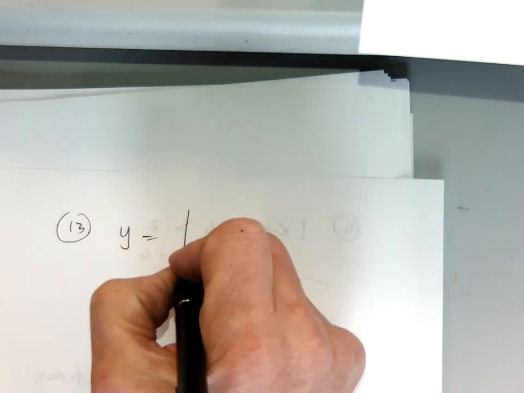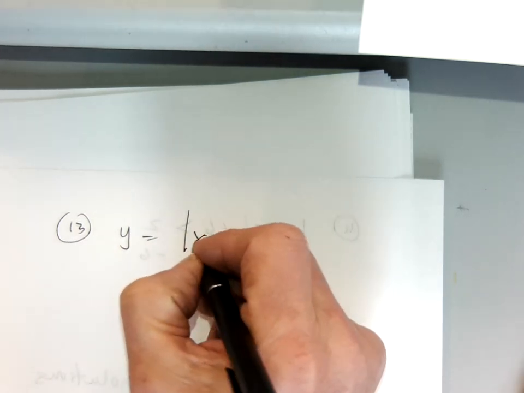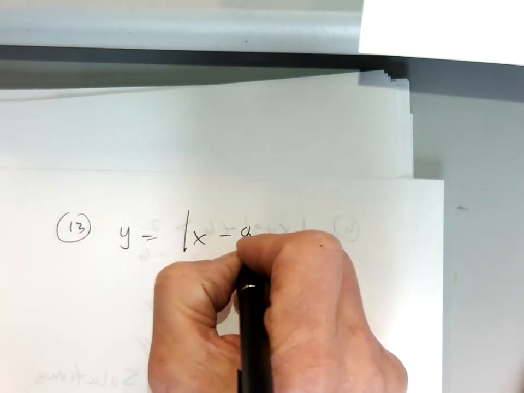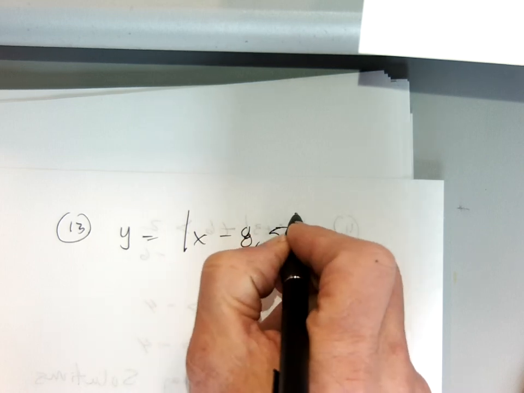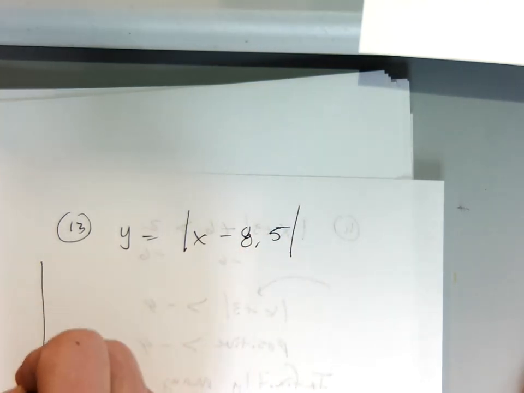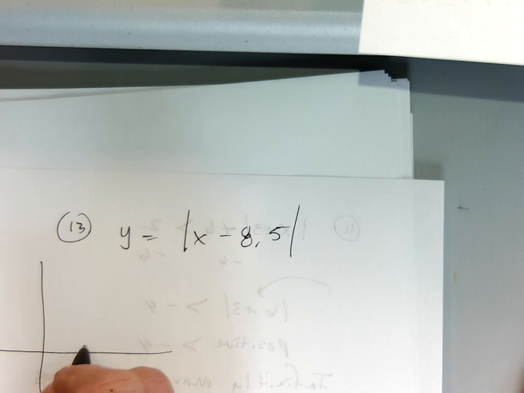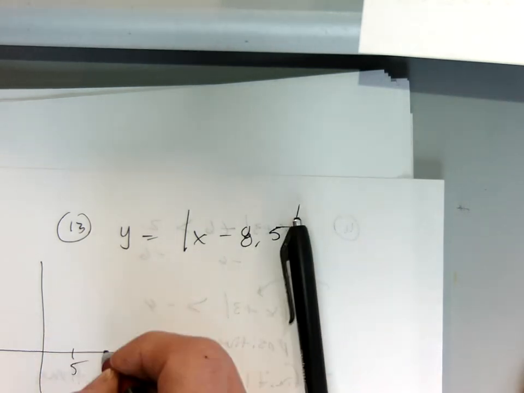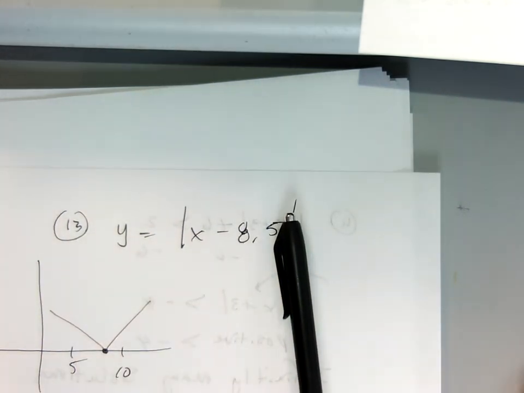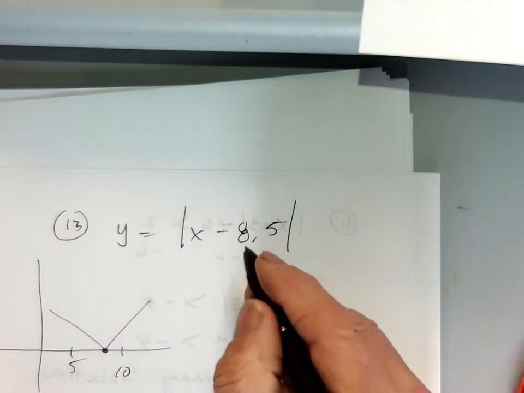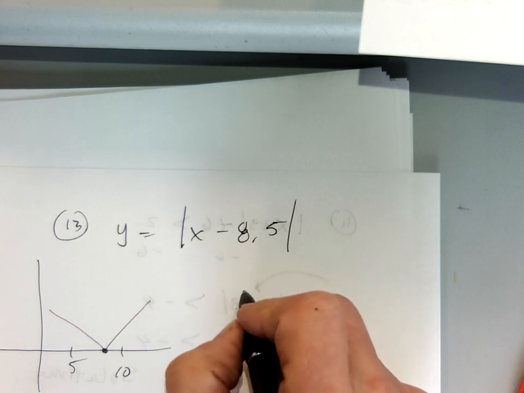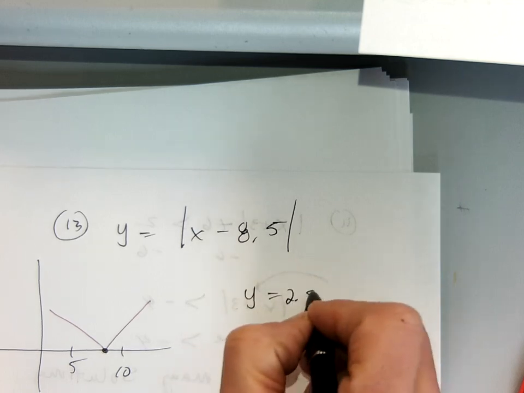Y equals absolute value of x minus 8.5. Okay. Now if we graph that, we'd have 5, 10. 8.5 is right about there, and if we graphed it, it would look something like that. Now, if we also have a variance of 2.5, that's like y equals 2.5.